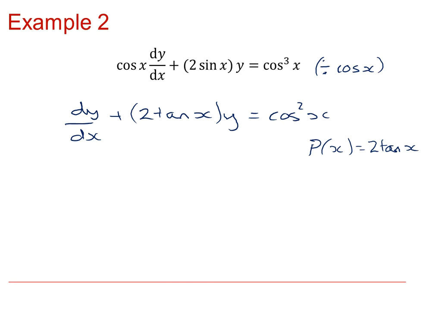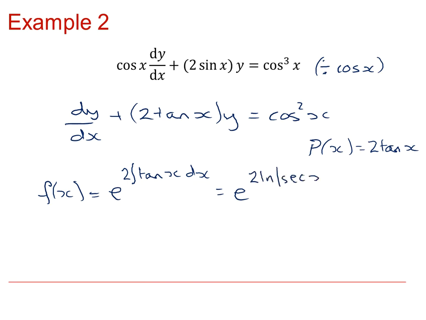But in terms of working out the integrating factor, what we are interested in is the exponential of that integral of 2 tan x dx, or e to the 2 natural log of sec x.